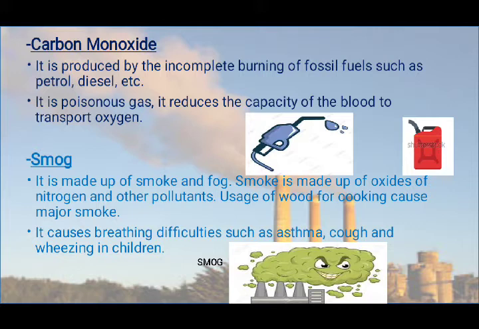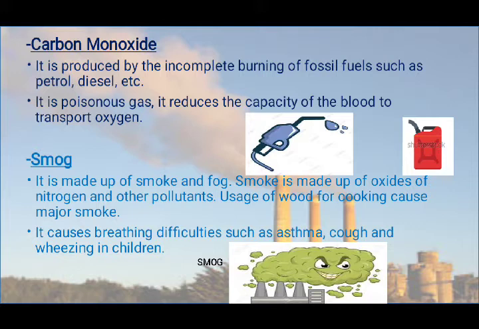Another air pollutant is smoke. Now, what is this smoke? Whenever smoke is added to fog, it forms smog. Smoke is made up of oxides of nitrogen and other pollutants.